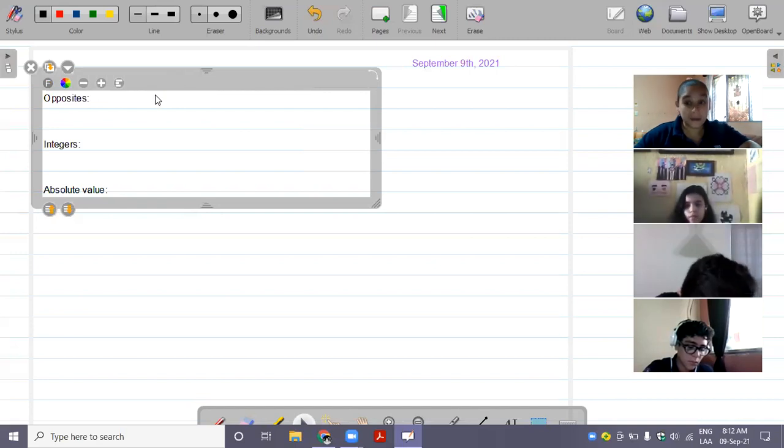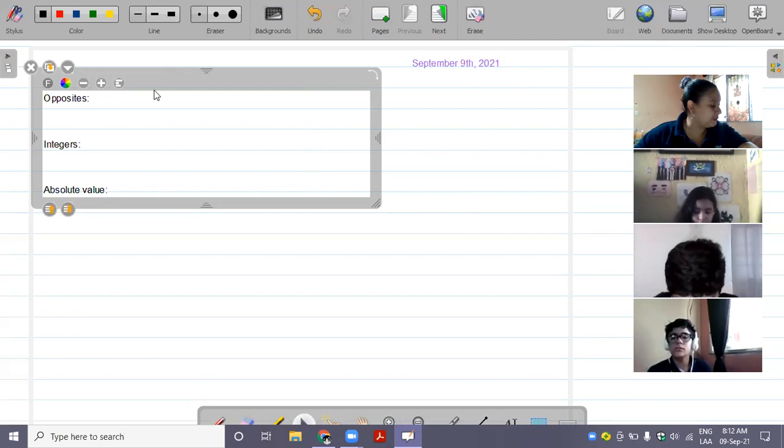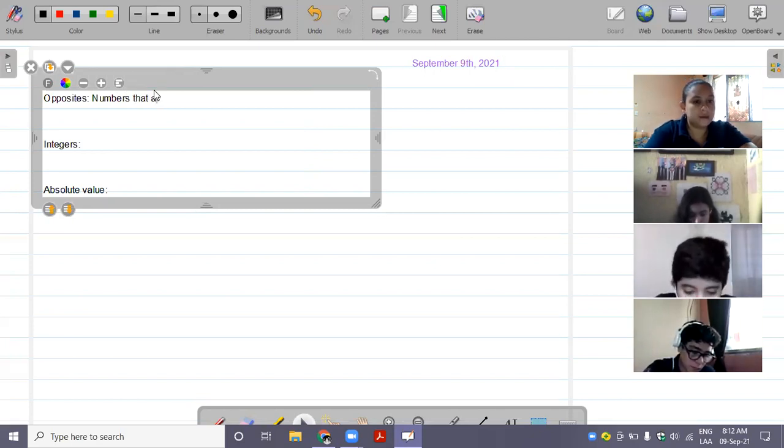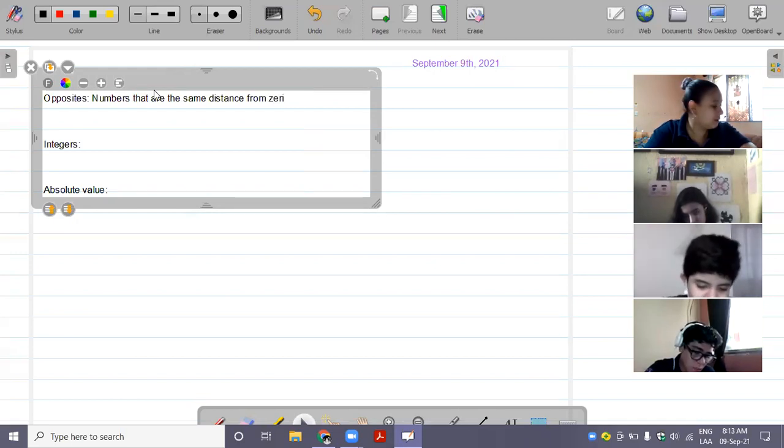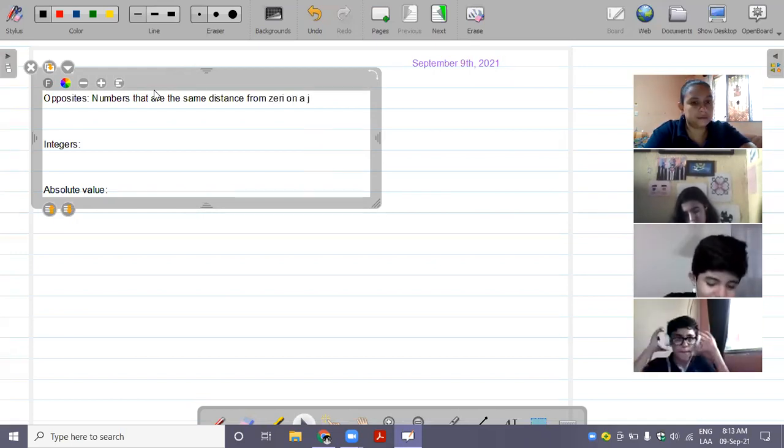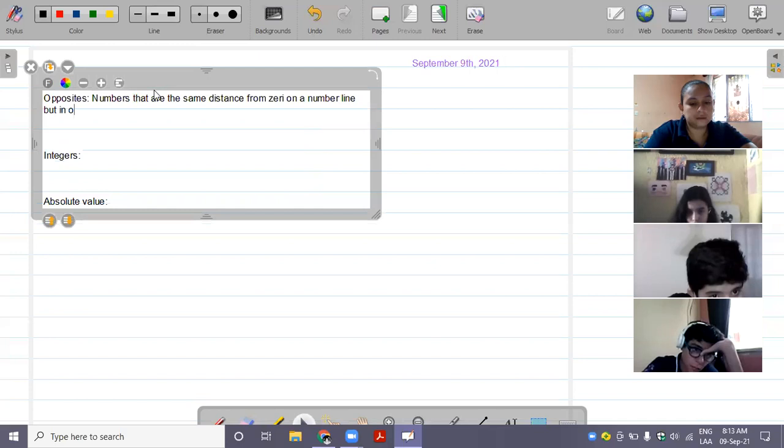In math, just like some of you were saying, like Iker said at the beginning, there are numbers that are negative. We're going to say the definition: opposite numbers are numbers that are the same distance from 0 on a number line, but in opposite directions.